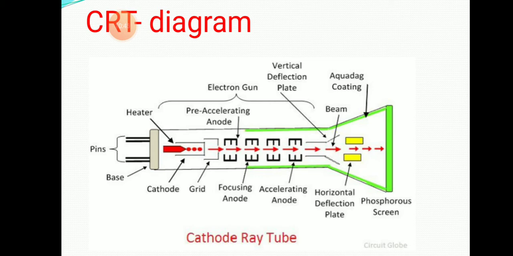It allows the emitted electrons to move freely from one end of the tube to the other end. So this is the main function of the glass tube. And the last one is the base. What is the function of the base? The base is provided to the CRT, through which connections are made to various parts. The pins are used to make connections.